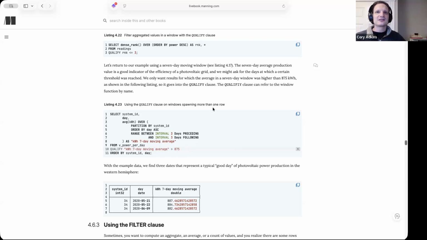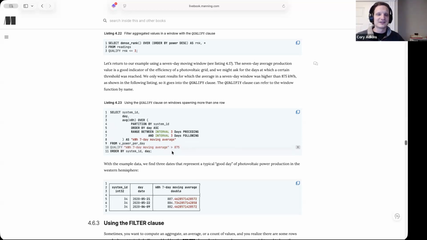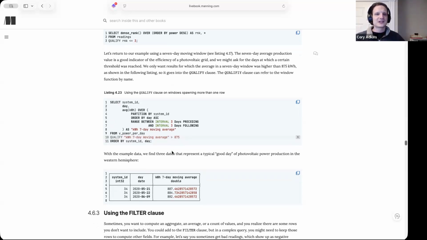I think that will return the same number of rows as are in the original data set, but it will have filtered out any row that was not part of a window where this kilowatt hour 7-day moving average was greater than 875. So yeah, that's just a little different, and maybe I should go back.